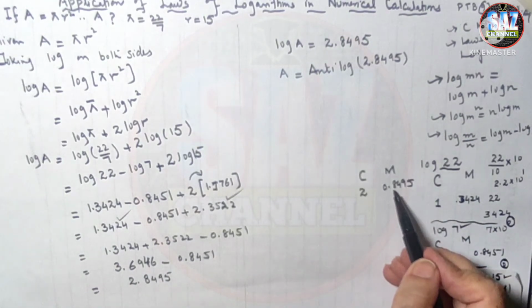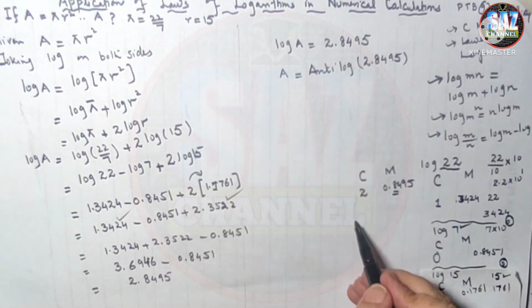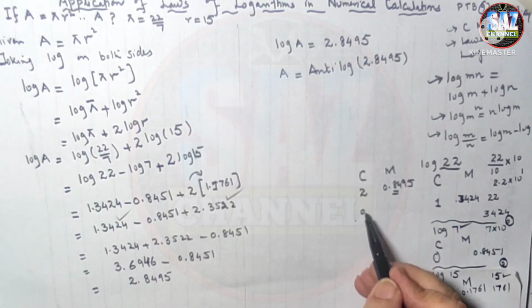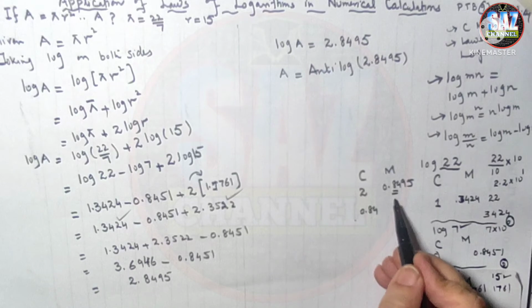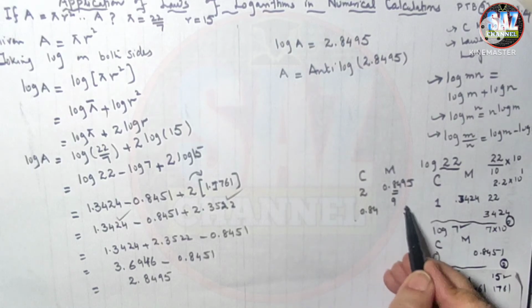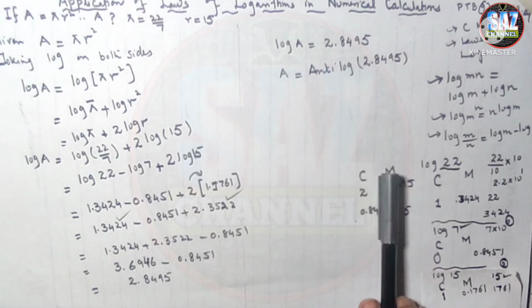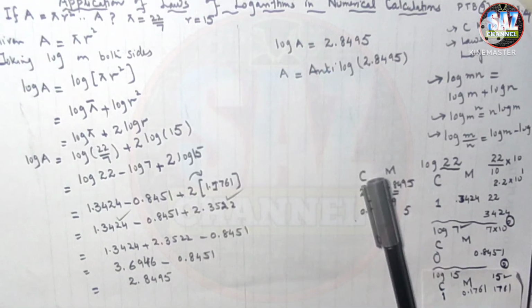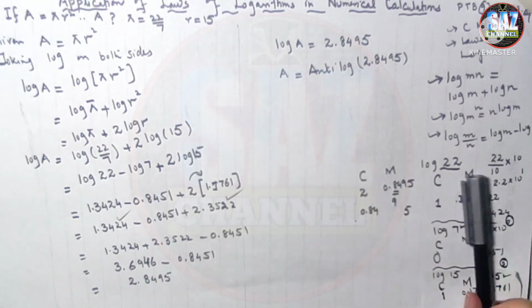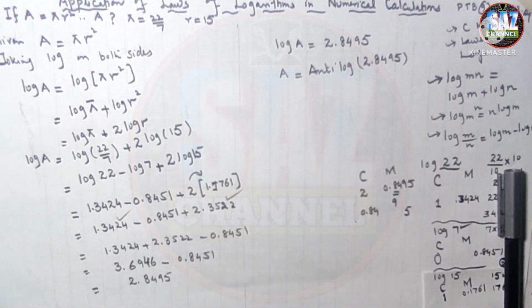So first of all, in order to find the number, I will be locating 0.84 in the column of 9 and then in the mean difference column 5. So let me hold the book and see. 0.84 in the antilog table. Yes, 84 in the column of 9.